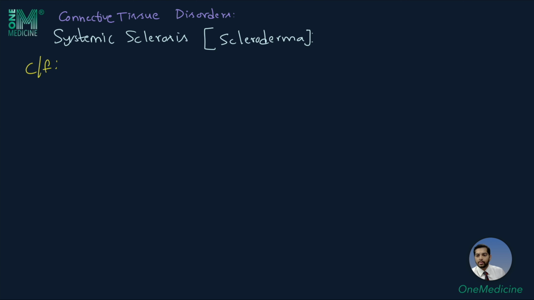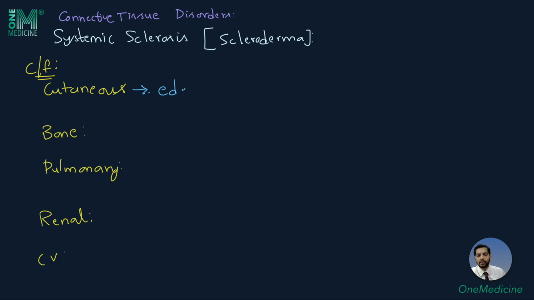Clinical features can be broadly classified into cutaneous, bone-related, pulmonary, renal, and cardiovascular. Cutaneous features include edema, followed by scleroderma, that is thickening of the skin.